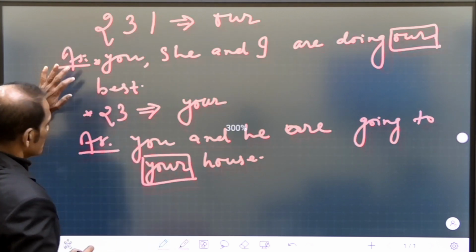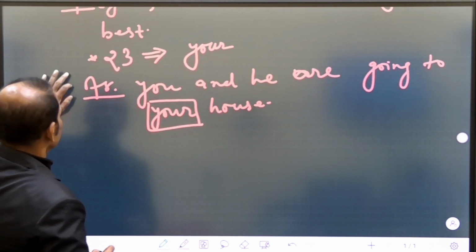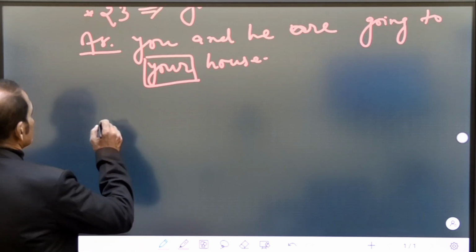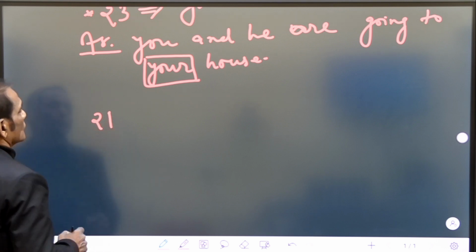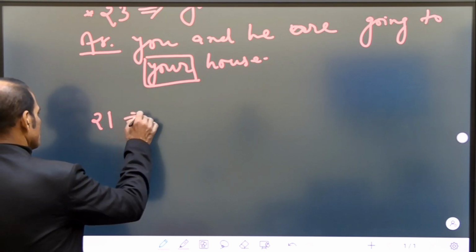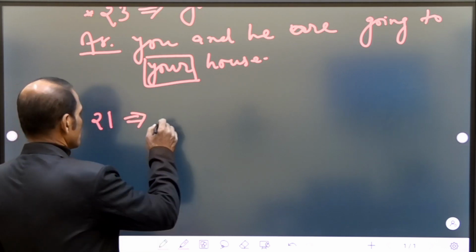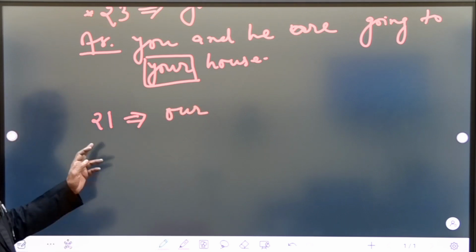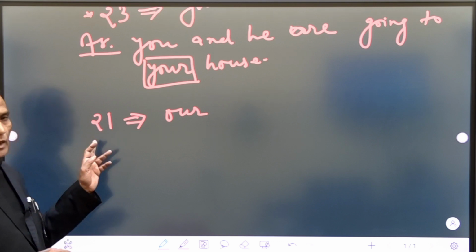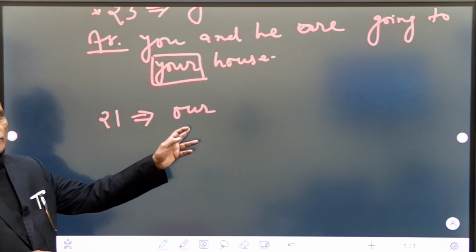After this, I will clear the error point. 2, 3, then after that 2, 1. Here should be "are". While pronoun of second person and pronoun of first person are used together, their common position is "are".